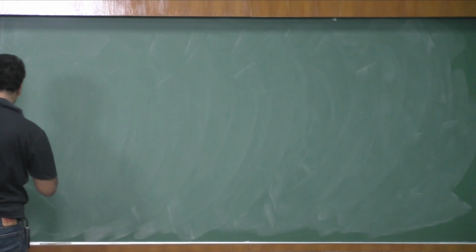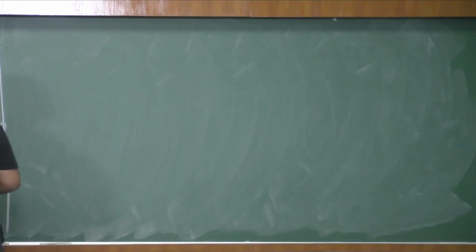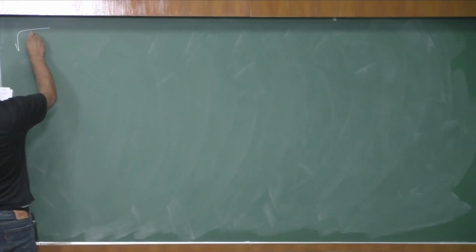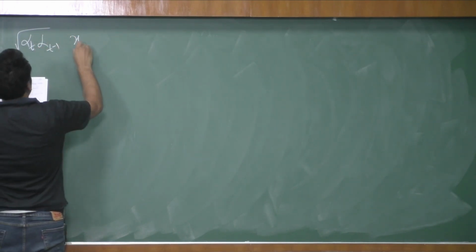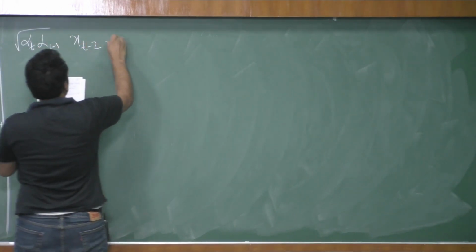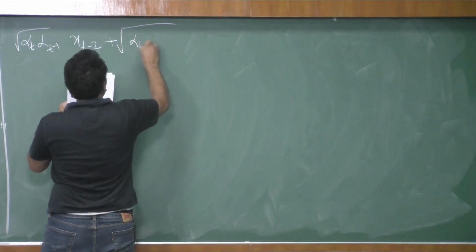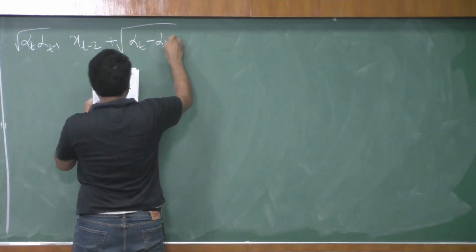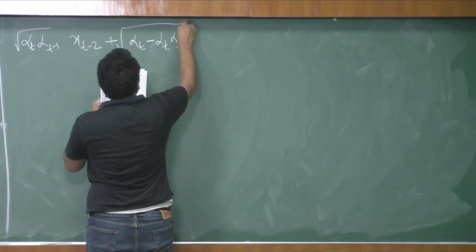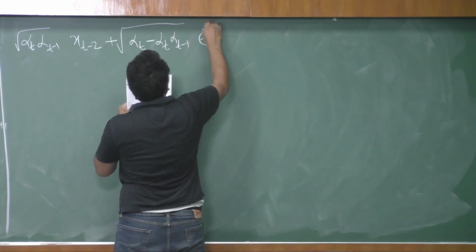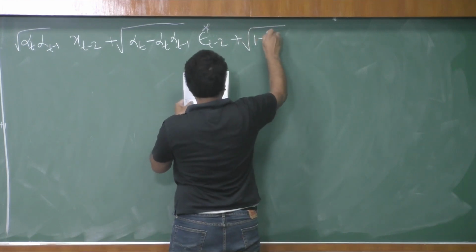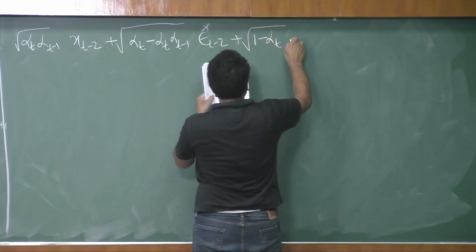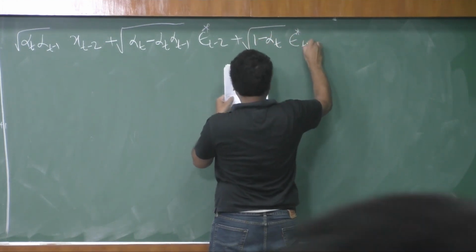If we multiply by alpha t, then it becomes alpha_{t-1} x_{t-2} plus alpha_t minus alpha_{t-1} times epsilon star t minus 2, plus 1 minus alpha_t times epsilon star t minus 1.